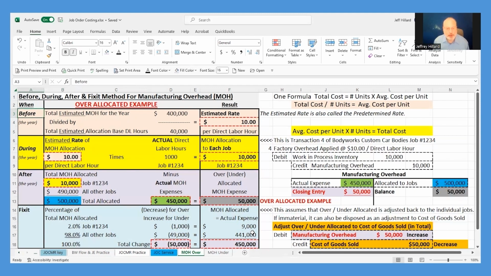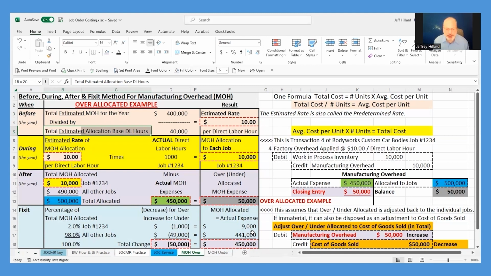So what we're going to do is before, we're going to establish this account called manufacturing overhead. And before the year or the period begins, the first step is before: we're going to estimate how much manufacturing overhead we're going to have for the entire year, and divide that by the estimated allocation base, which in this example, and it's commonly used, is direct labor hours.